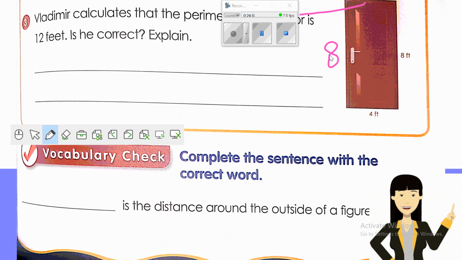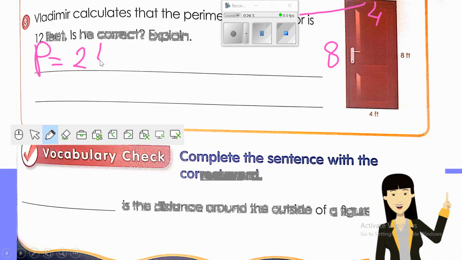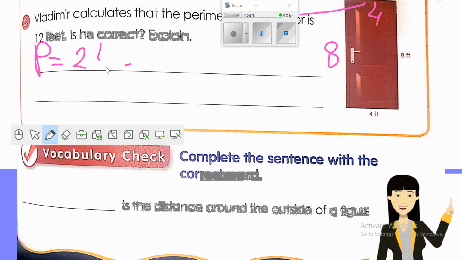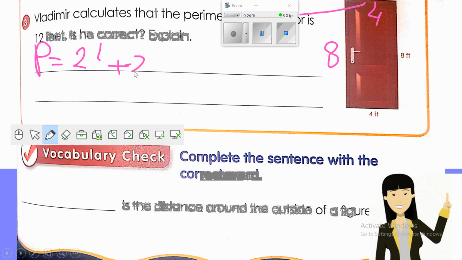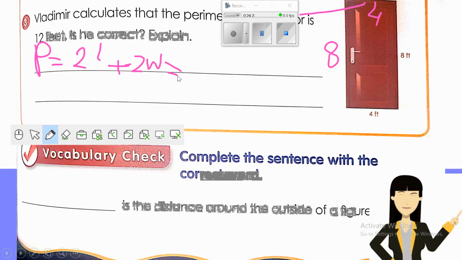Okay. Here we have 8 feet, the rectangle, so this is 8, and here is 4, and here is 4. I say the formula for the rectangle is double L plus double W. Here I have double 4 is 8.